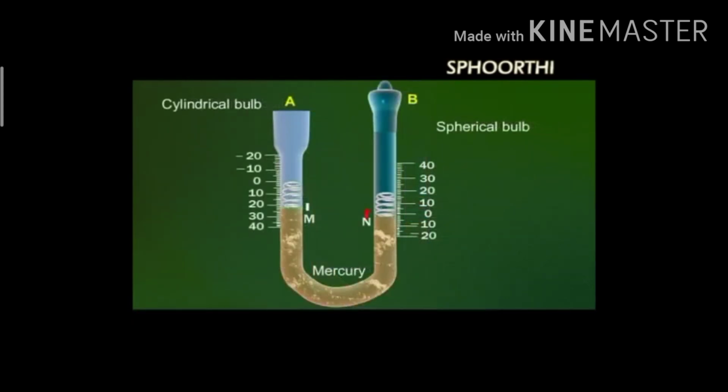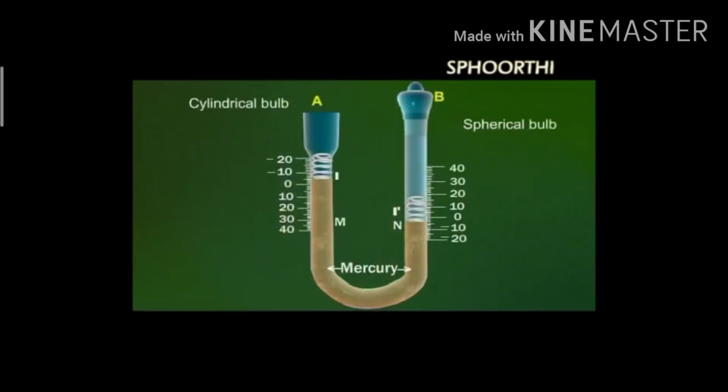That means if the temperature increases, the level of I1 increases. We can take the higher reading as the maximum temperature of the day. If there is any fall in the temperature, I2 rises. We can note down the lower reading of I2 to get the minimum temperature of the day.